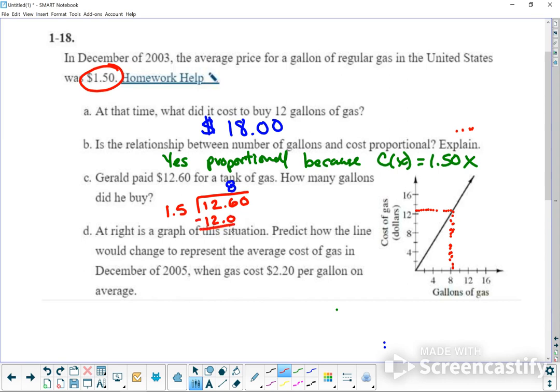Subtract that, get 60. Right? So how many 1.5s are in 60? Right? Well, you think about it, there's going to be 4 of those. Right?